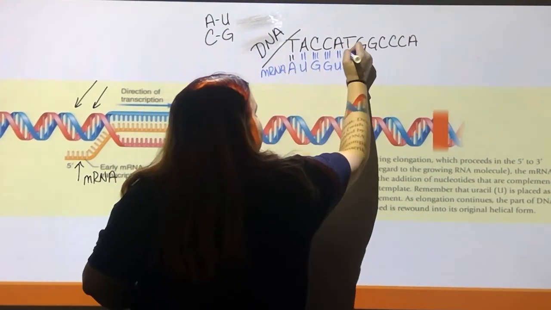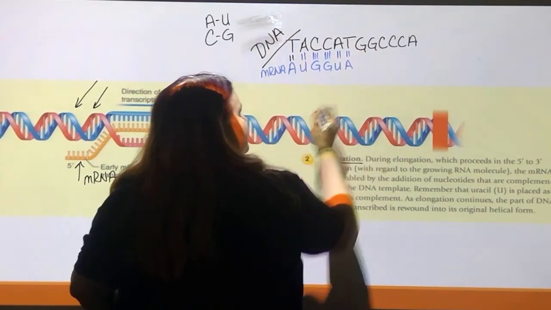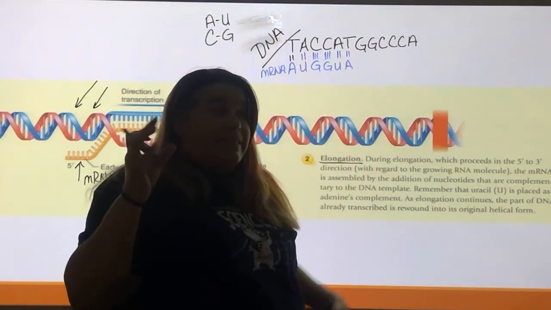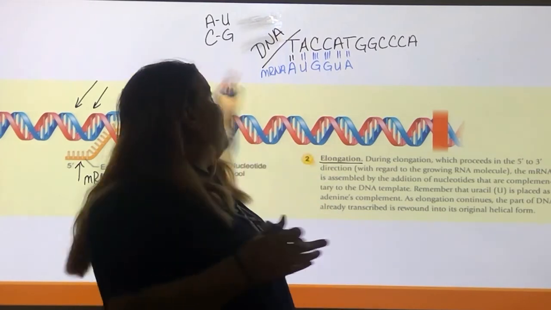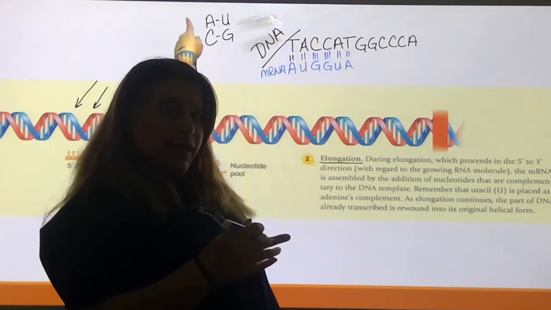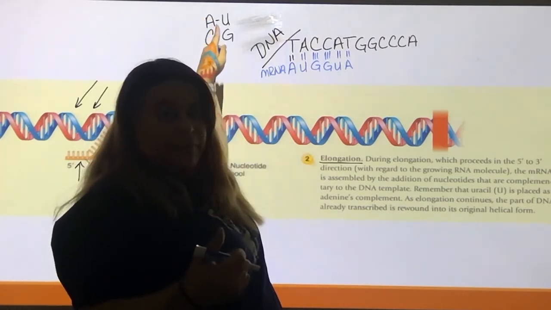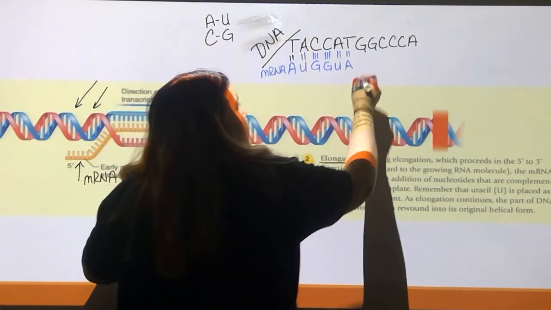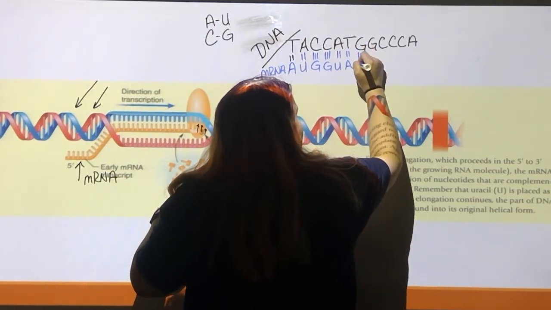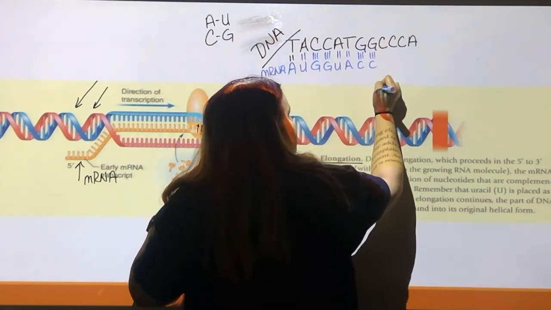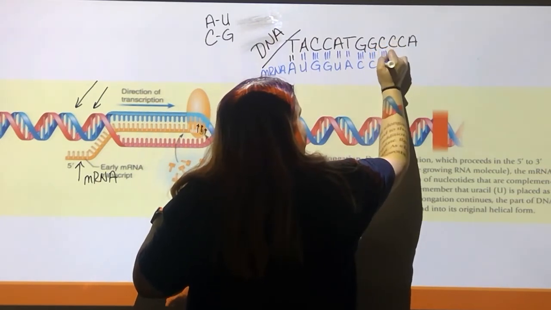T has adenine. Again, this is literally the only option I have in my pool of nucleotides that would fit across from thymine. Guanine has cytosine. Cytosine has guanine.